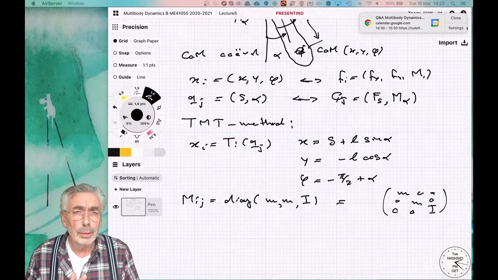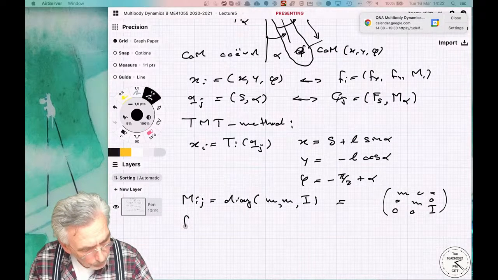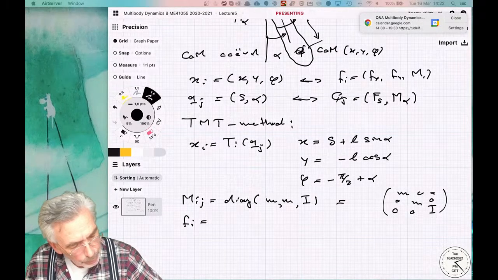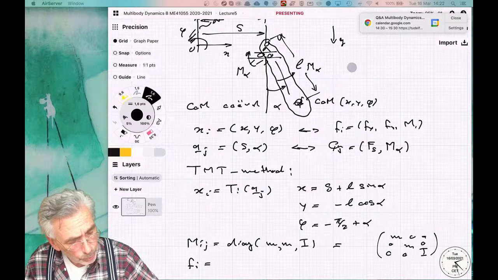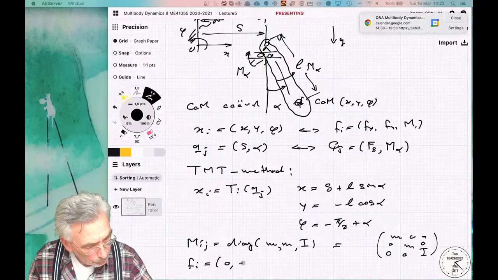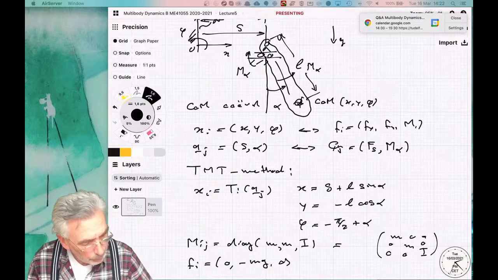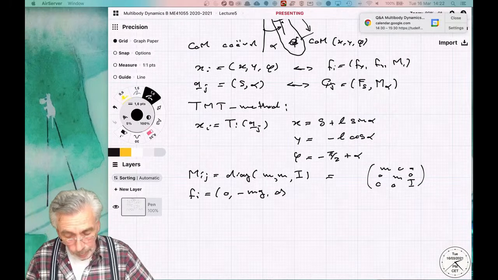If those are the quantities, then the applied forces we have defined. If we only take gravity into account, there is no horizontal force, only a vertical force of minus mg, and no torque. With that in place, we can form our equations of motion.